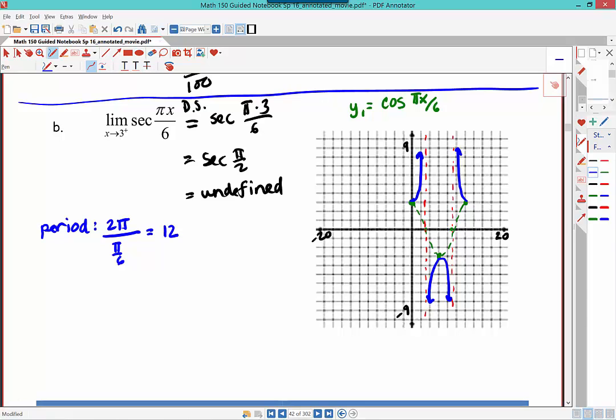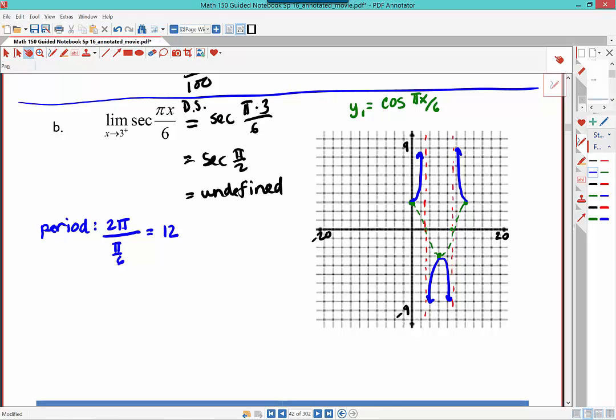So now let's see what happens. So I just did kind of a snapshot of this graph. So as we approach graphically now, as we're approaching 3 from the right side, right? So x is 3 is right here. So we're approaching from the right side of 3. Do you see we're going to, good, negative infinity.